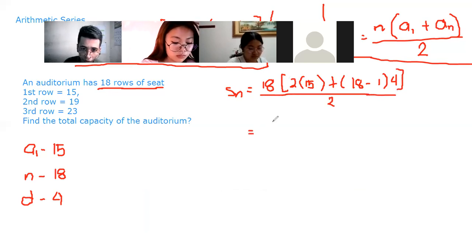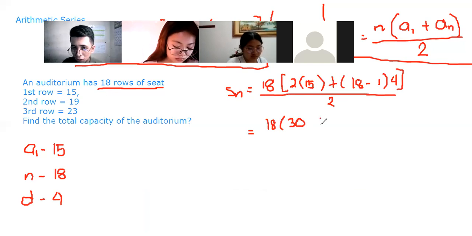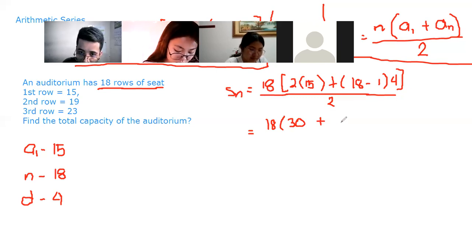So computing natin to. 2 times 15, that is 30. Naging 30 na siya. Then 18 minus 1, 17. 17 times 4, 34, 68. Tama ba? 68. So 17 times 4, that is 68 na. Over 2.